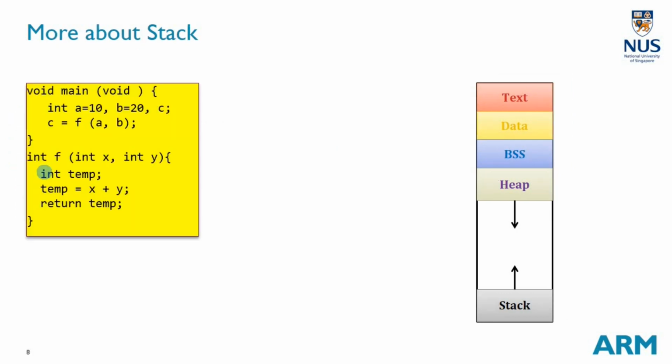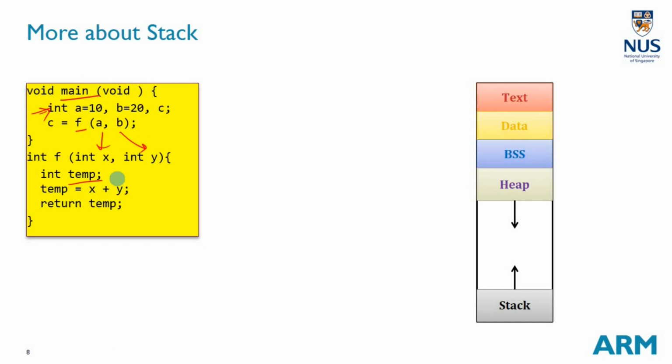Now let's look a bit more at the stack. In this example we have a main function calling another function f. Inside the main function you also notice that you have 3 variables. To f, you pass in 2 parameters, and there is also another local variable temp within f.